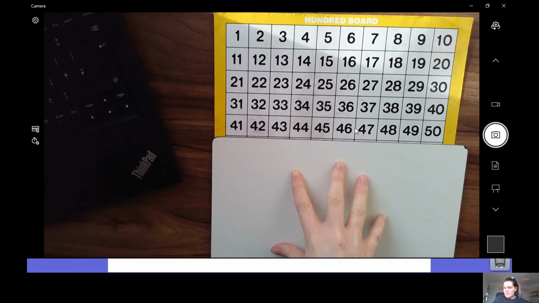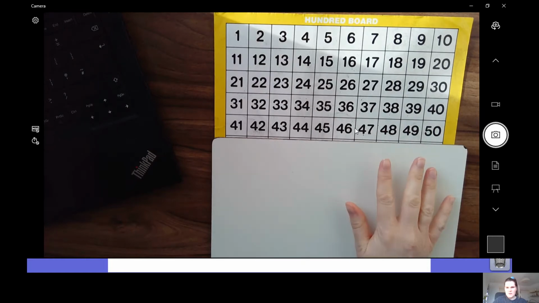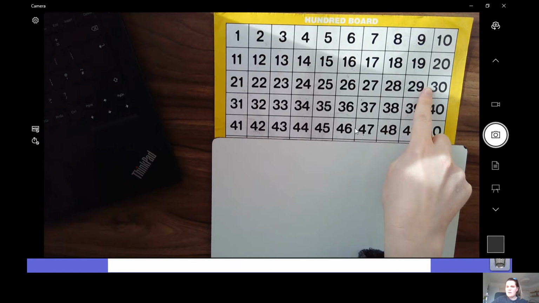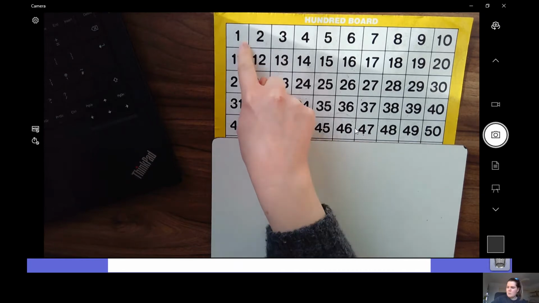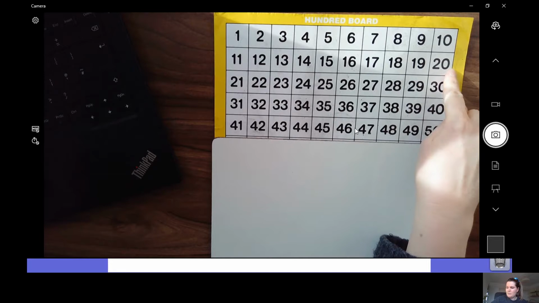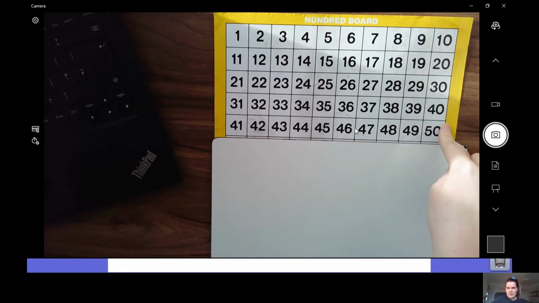Okay? But this is a number grid. My number goes from 1 to 50, and we've hidden away the rest of the numbers. When we see them spread out like this, we can get a better understanding of our numbers and some of our number patterns. We know these numbers up to 20 very well. But when we start to go past 20, we can start to notice some patterns.